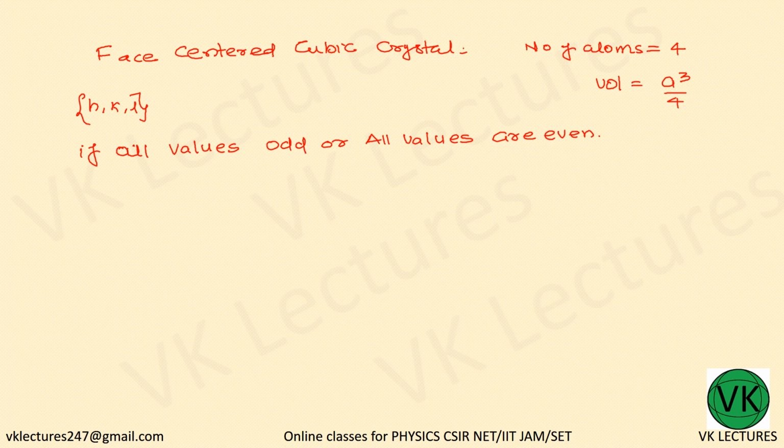Then your value of F, the geometrical structure factor, will be equal to 4 times f, and the intensity will be equal to 4 times f squared.